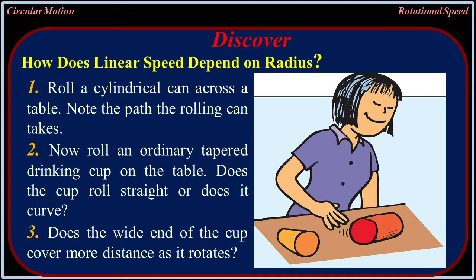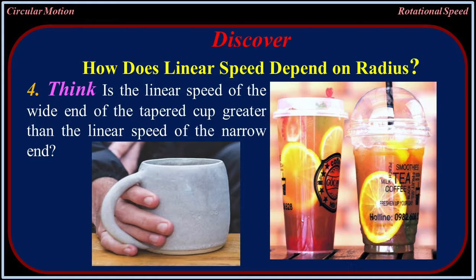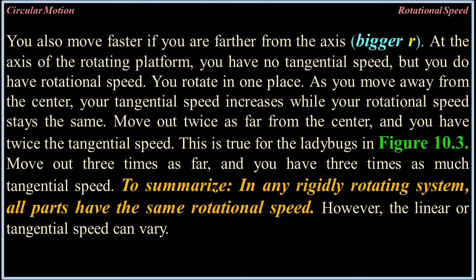Does the wide end of the cup cover more distance as it rotates? Think. Is the linear speed of the wide end of the tapered cup greater than the linear speed of the narrow end? A point to ponder.